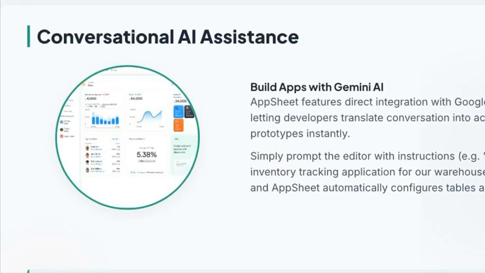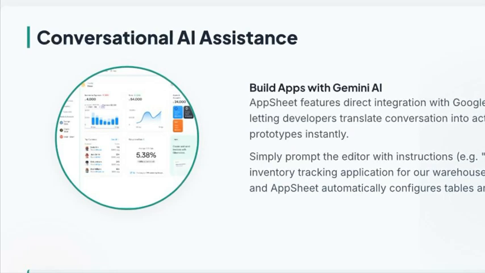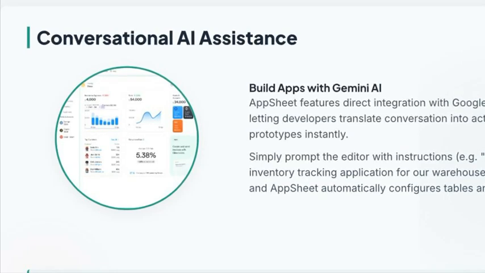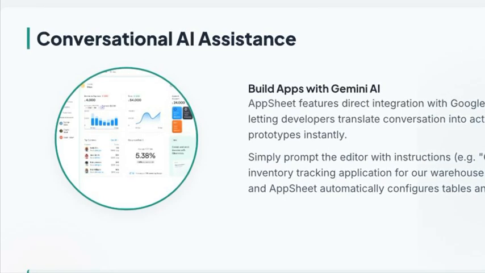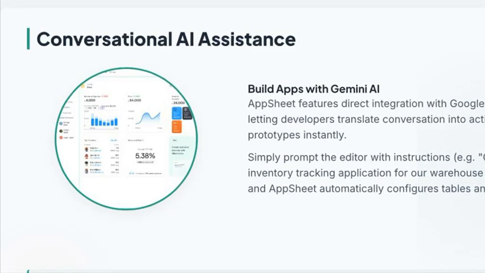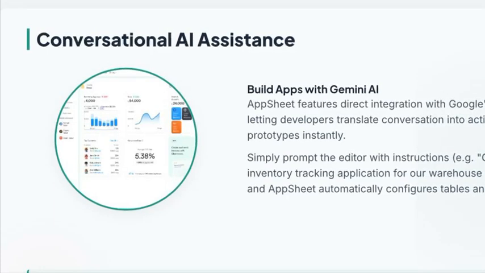Gemini understands the prompt instantly, designs the database schema, recommends the best data tables, and drafts a fully functional user interface for you in seconds. You don't even have to drag and drop elements anymore. You can build, refine, and deploy your business tool through natural conversational dialogue.